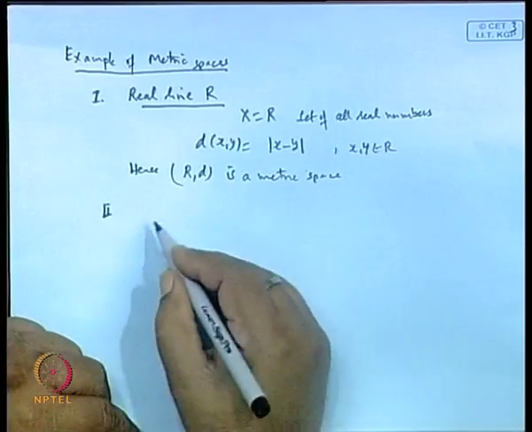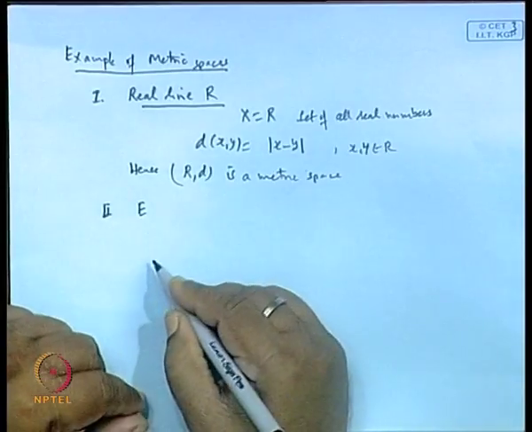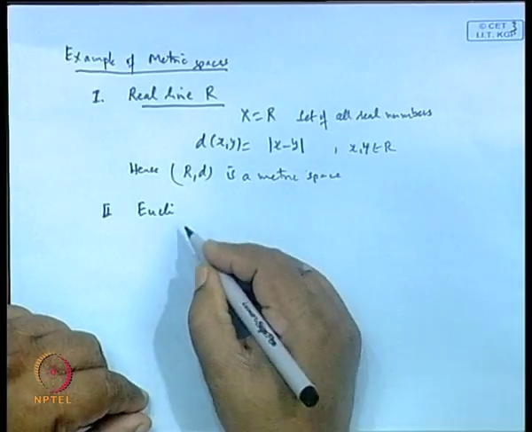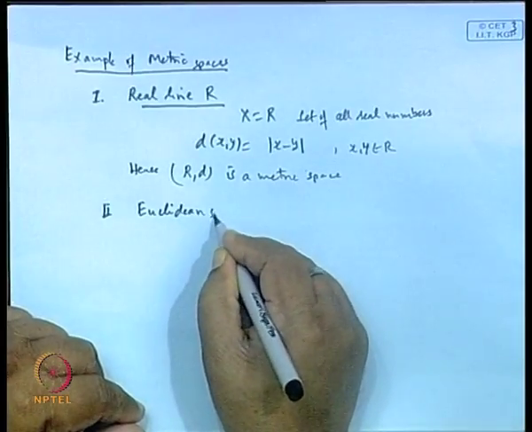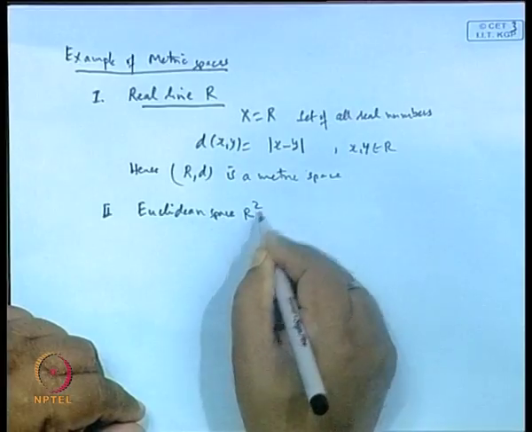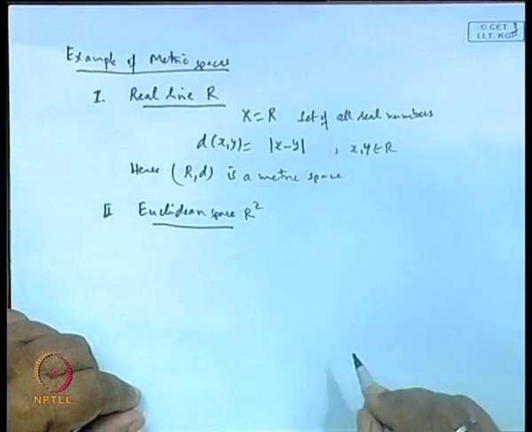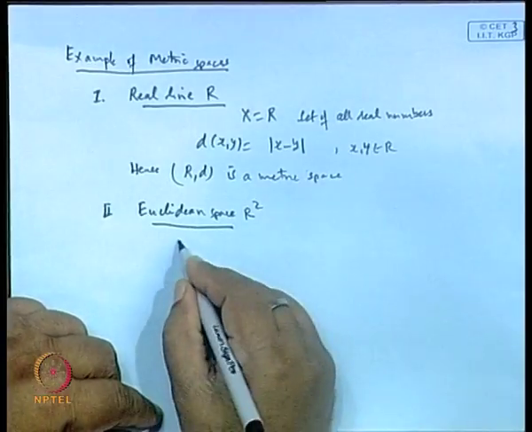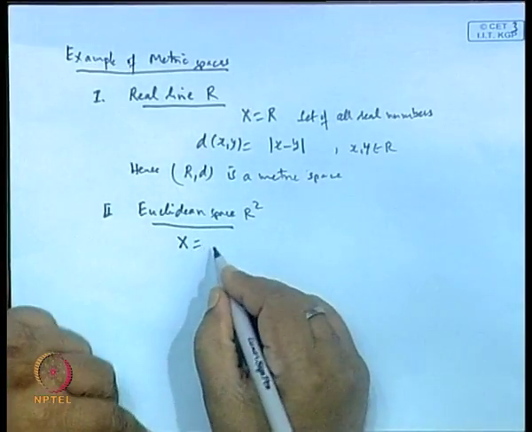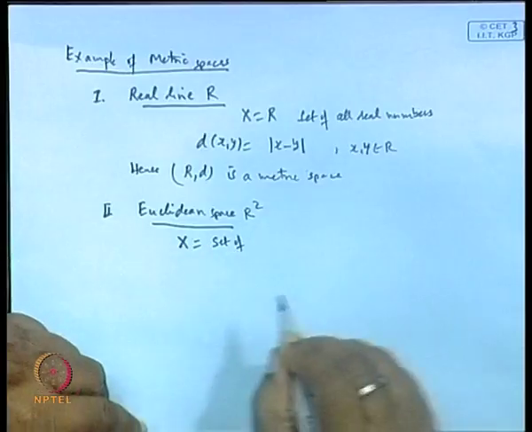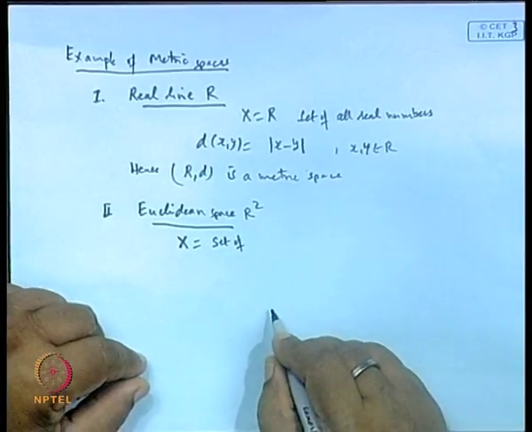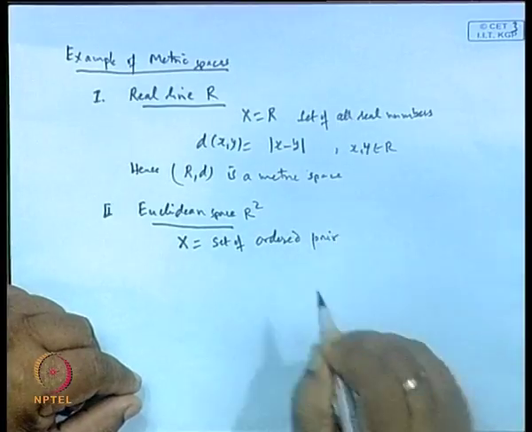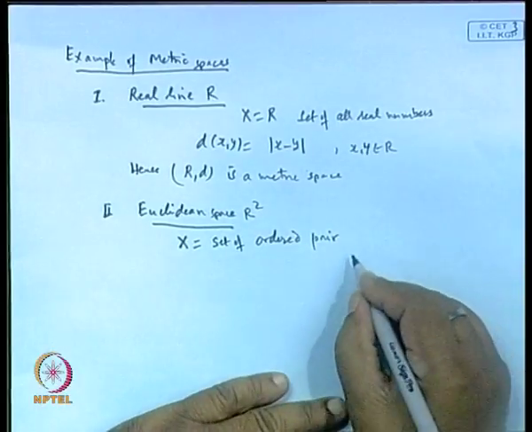If we take the Euclidean space R^2, the R^2 is the set of, let X be taken as the set of all ordered pairs of real numbers.